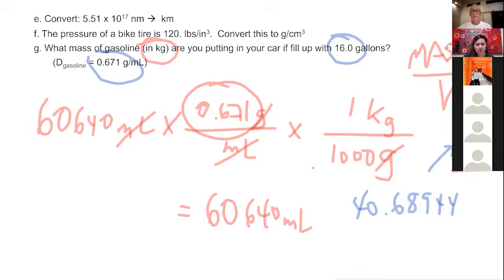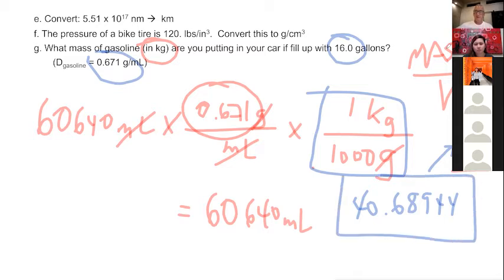The conversion factor is exact because there's exactly 1,000 grams in 1 kilogram, so we don't have to worry about that one. So we need to reduce this to 3 significant digits: 1, 2, 3. What's my final answer going to be?